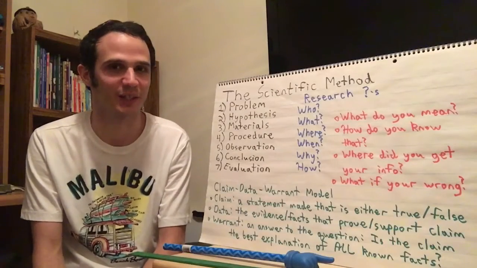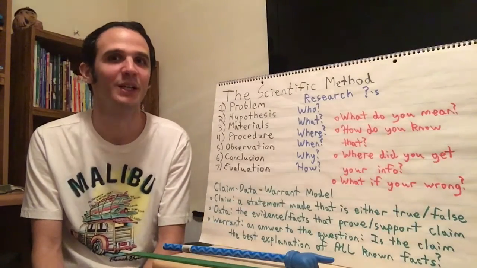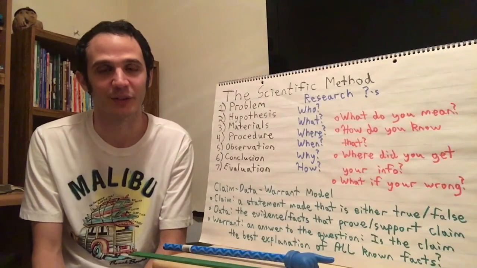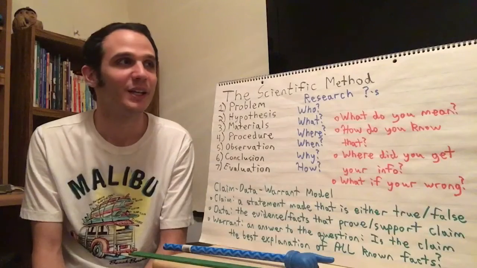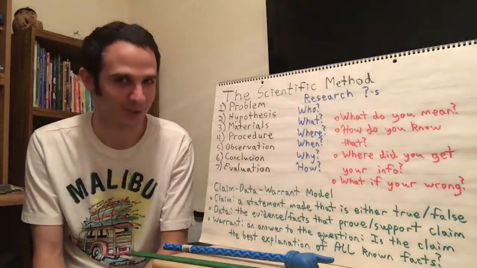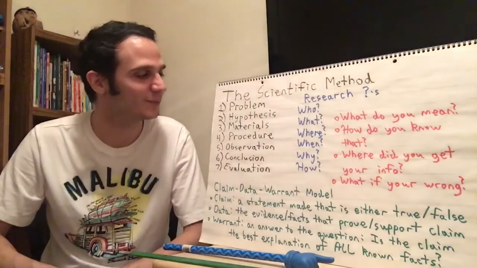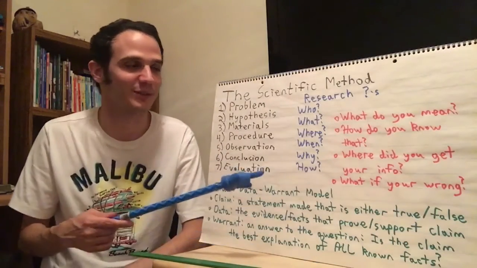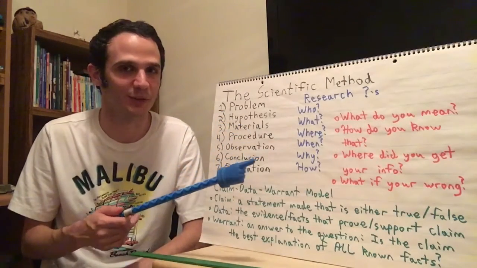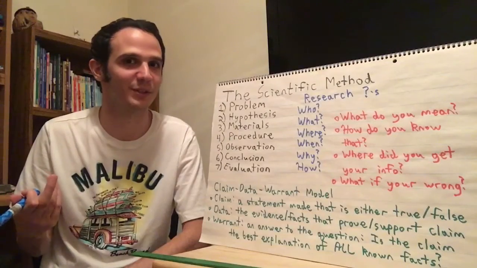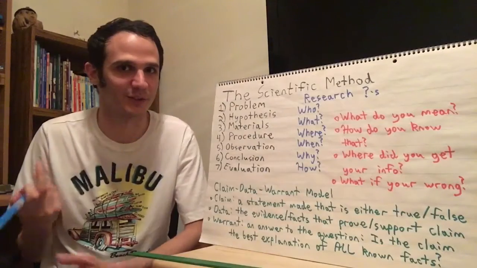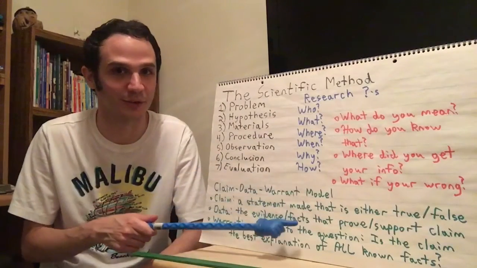In this case, I can say I think that I will sleep better if I sleep for 7 to 8 hours. And that's the hypothesis. Step 3 is the materials. What do we need to do this experiment? Maybe we can just write down our results on paper. We don't need any special equipment.